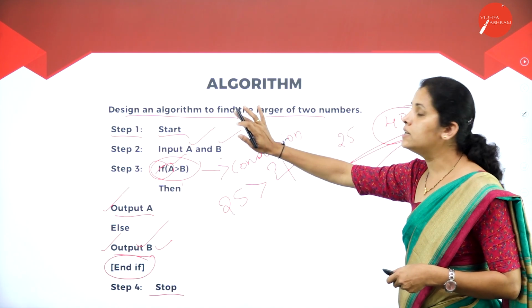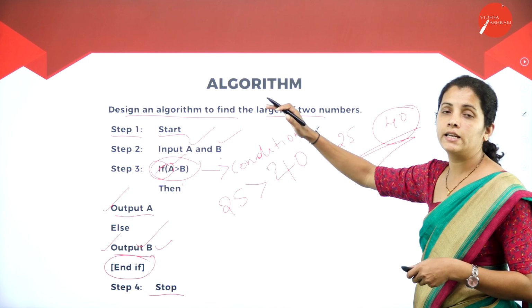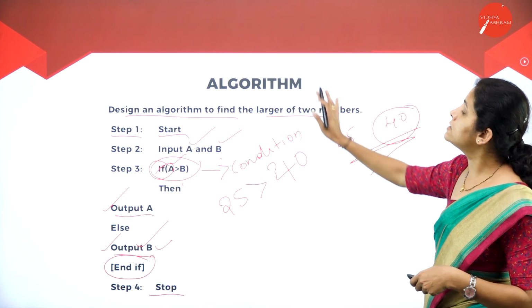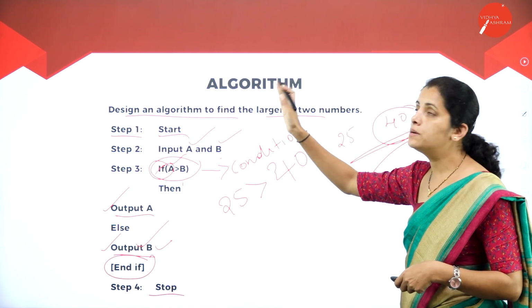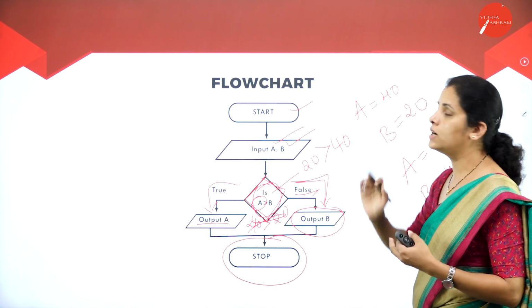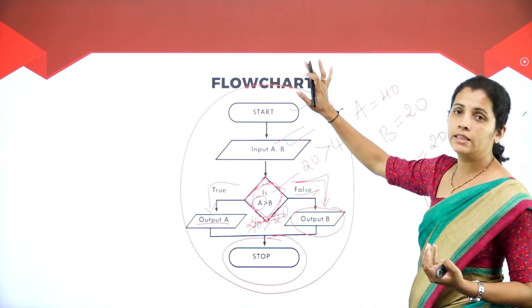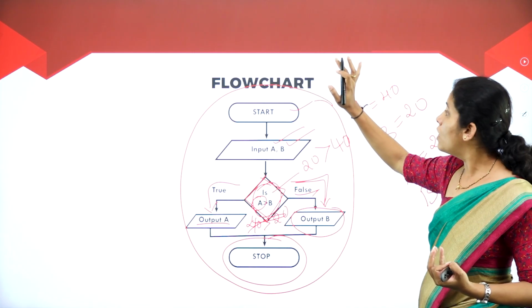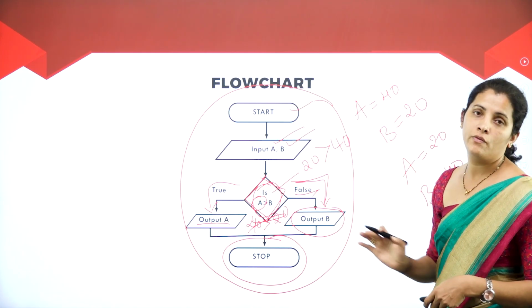So here algorithm gives the finite sequence of instruction that is used to solve particular problem. Once I done with algorithm, what I want to do? I want to convert my algorithm into flowchart. So here, what is flowchart? Here flowchart is nothing but the pictorial or graphical or diagrammatic representation of algorithm.